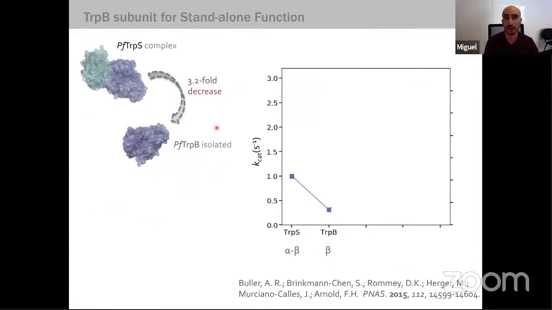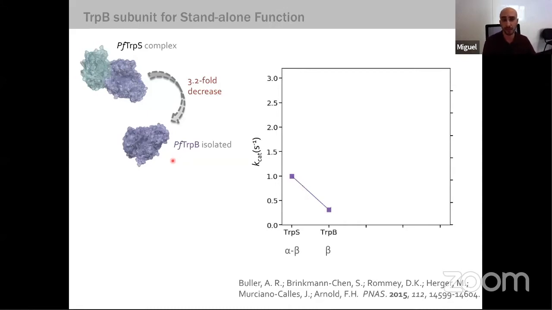And this is not the only problem in order to engineer a TRPB reaction, because due to the allosteric coupling between both subunits, there is a loss in activity in the absence of the protein partner. As you see, for instance, in the case of Pyrococcus furiosus, there is a 3.2-fold decrease in the catalytic activity.